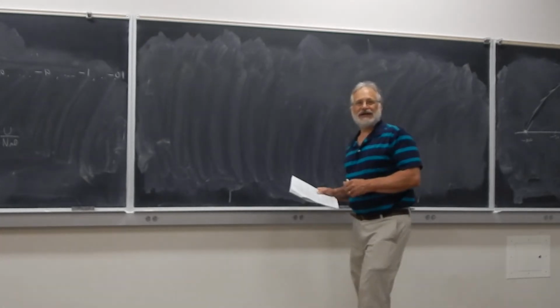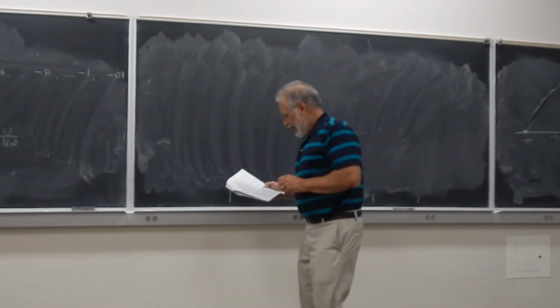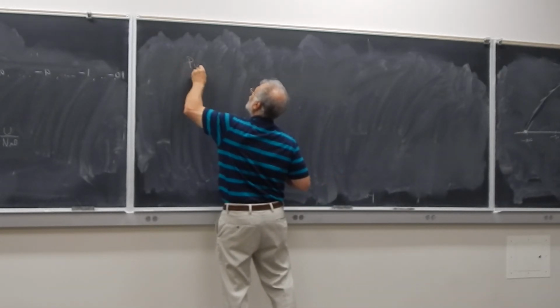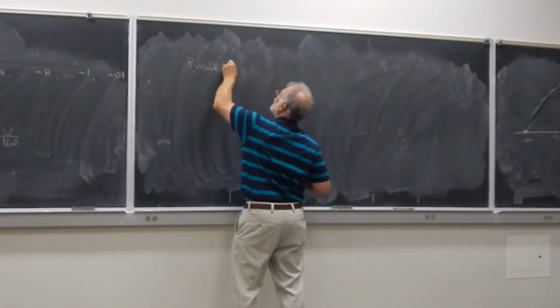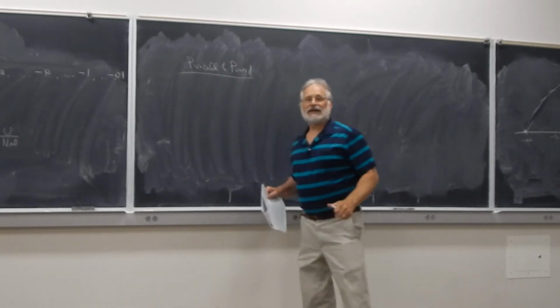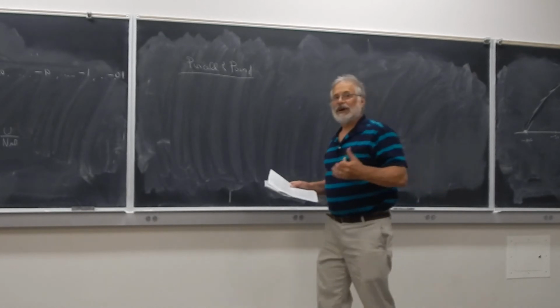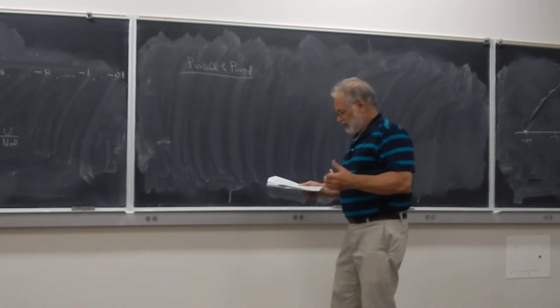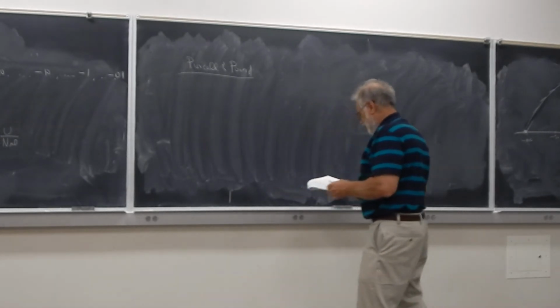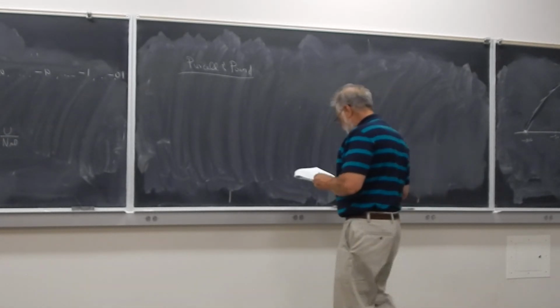It was demonstrated in 1950. And it was demonstrated by these two guys, Purcell and Pound, who did a paramagnetic experiment with nuclear paramagnetism, not electrons. Let's talk about how something like this can occur.